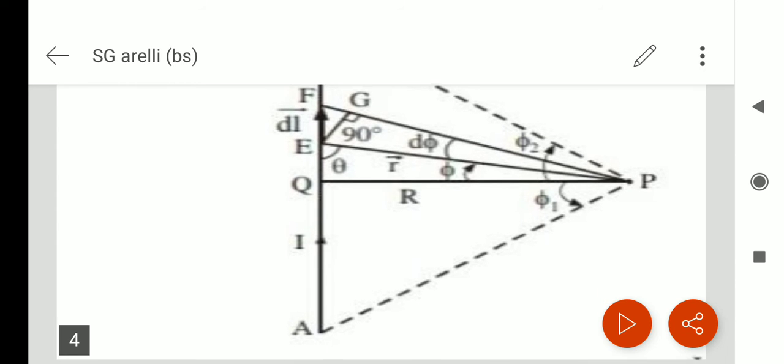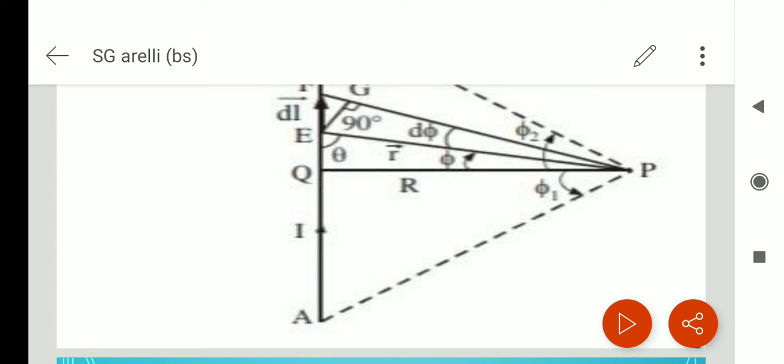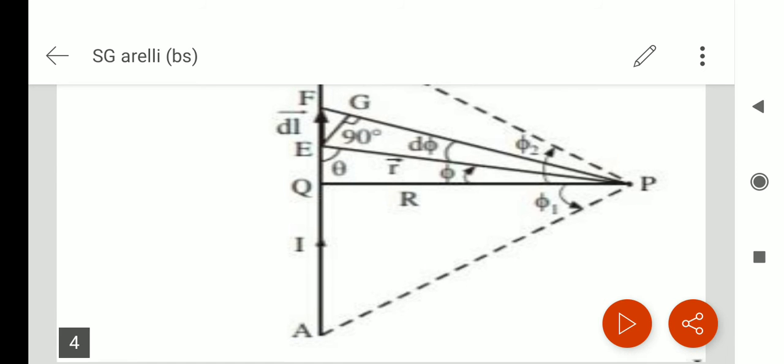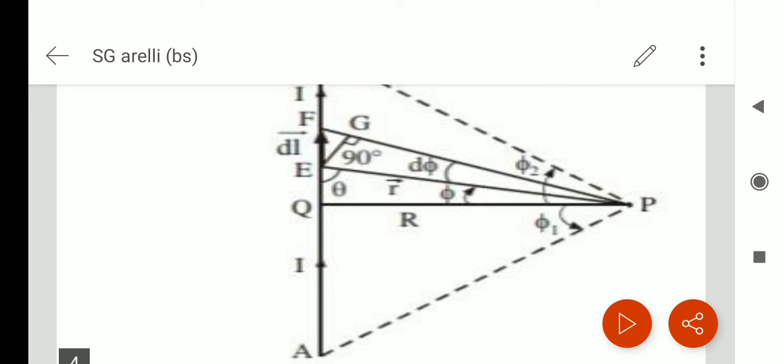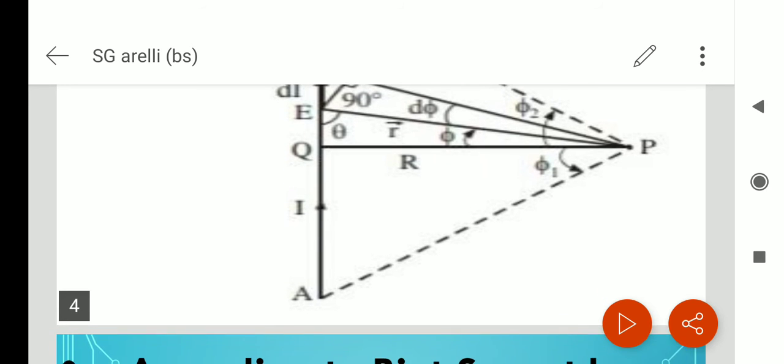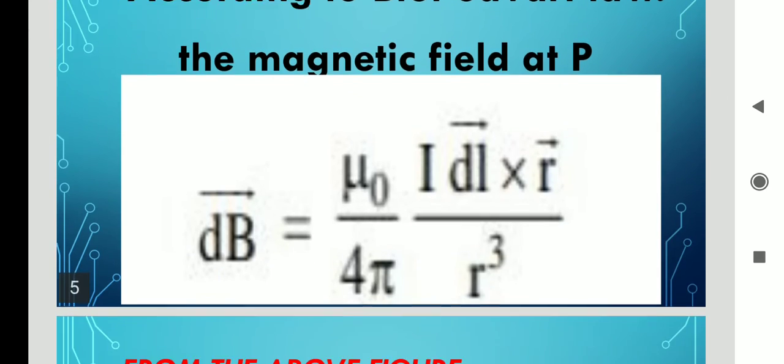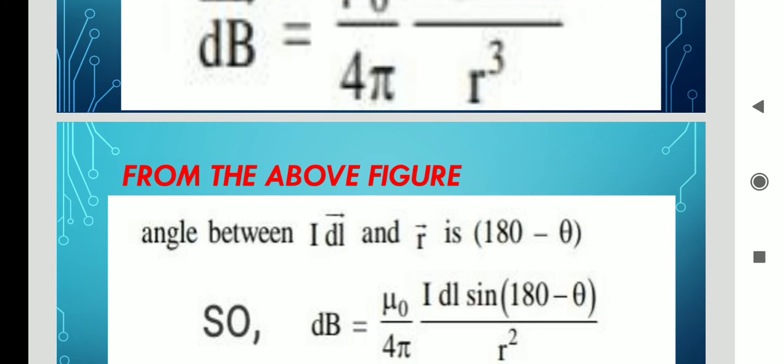We have r, which is a unit vector from dl to P. What is dl? dl is the smallest element length of the conductor. We take the conductor's smallest length dl, from this point to that particular point P, and whatever unit vector is there, that is r caps. So the angle between I dl and r caps is 180 degrees minus theta.